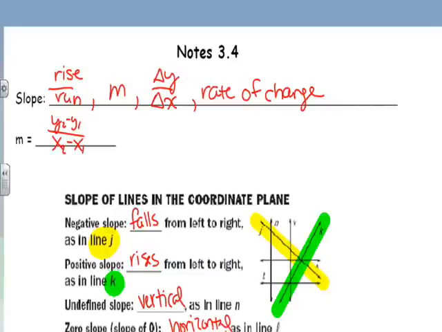And these two I like to think of, if I stand on a horizontal slope and I take a step, I go nowhere, I go zero. But if I stand on a vertical slope and I take a step, I fall off and plummet to my death because I just keep on dropping down forever. And so that's one way you can think of vertical and horizontal lines. A little macabre, but you know, it works.